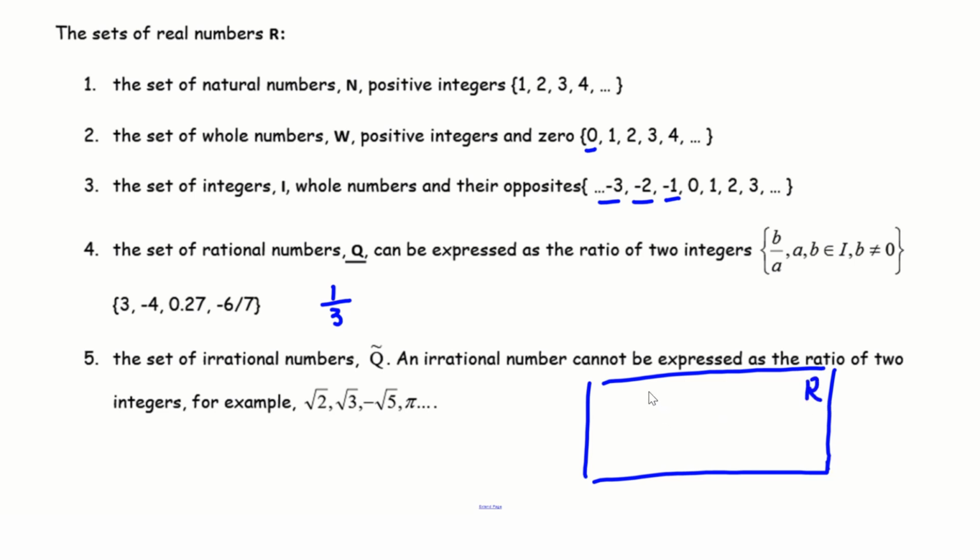In the real numbers we have rational number and irrational number. And in the rational number, some of them are special. If the denominator is 1, then it is integers.